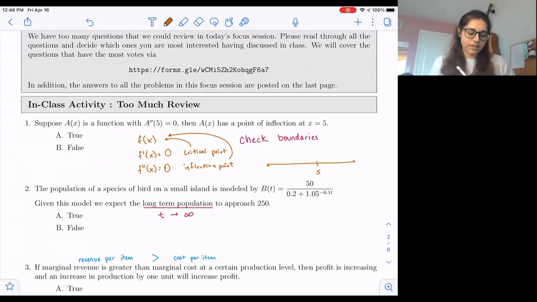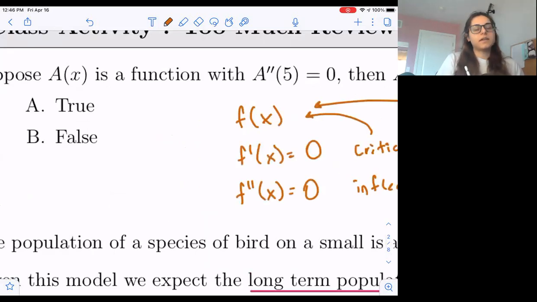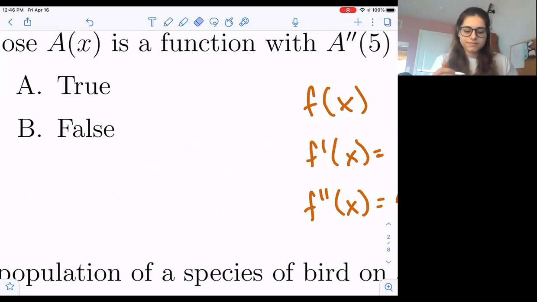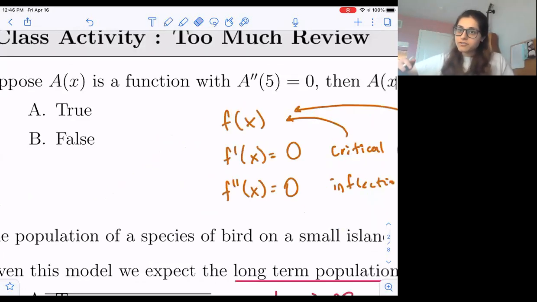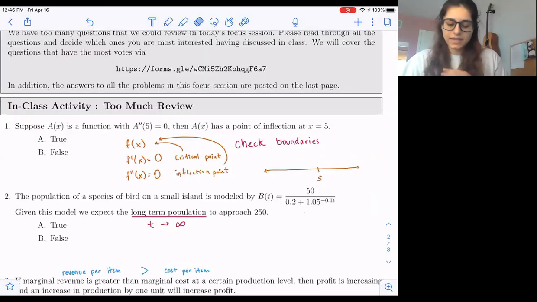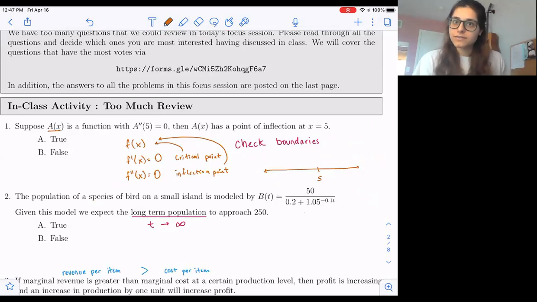It might just be going from concave up to more concave up, if that makes sense. That might be your point, but we don't know for sure that it's a point of inflection. To know that, we have to do this test with the number line, but we can't do this test right now because they didn't give us the original function. Therefore, this is false.